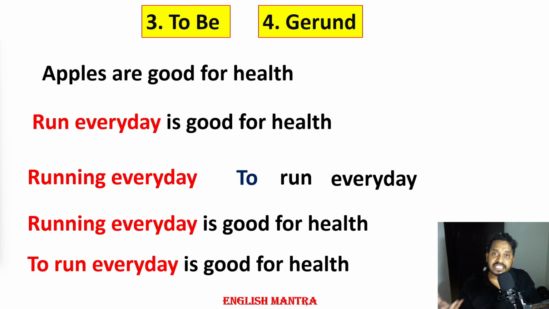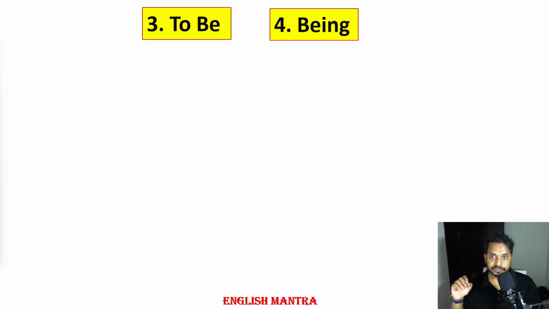You can use them as a noun. Here, run every day is not a noun, and you can't say run every day is good for health. Instead you can say running every day is good for health, gerund form, or to run every day is good for health, infinitive form. Here running every day and to run every day are nouns. We can use these either in the subject's place or in the object's place.